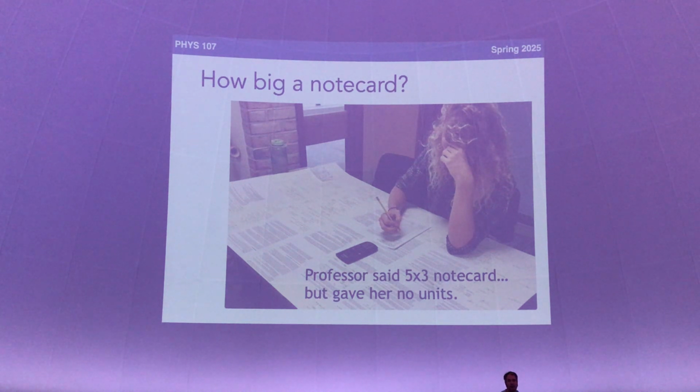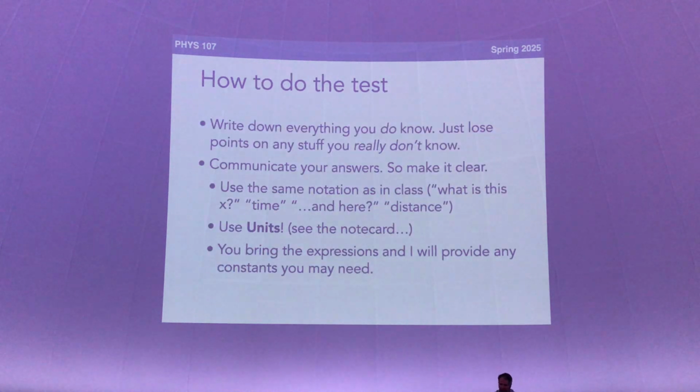Try not to bother your neighbor, and I'm trying to have everybody sit about a seat away from each other so that we're calm. So how to do the test: write everything down that you do know. If you go, "I think it's this equation, I think we use it like this," please use the same notation as in class. Is this X time and that one distance?